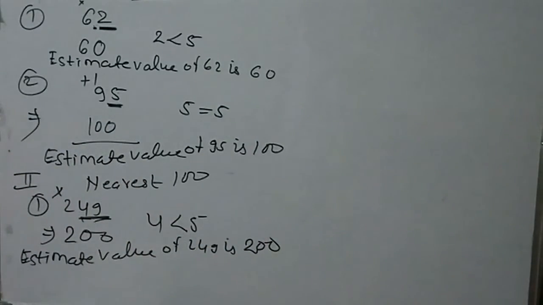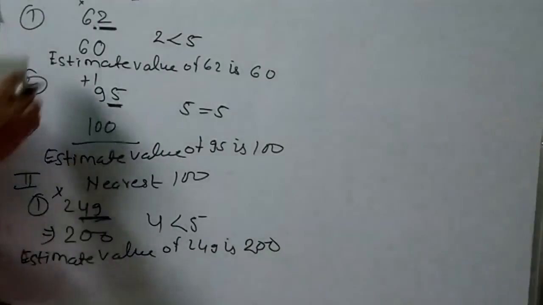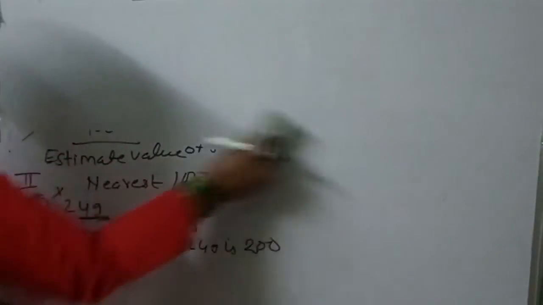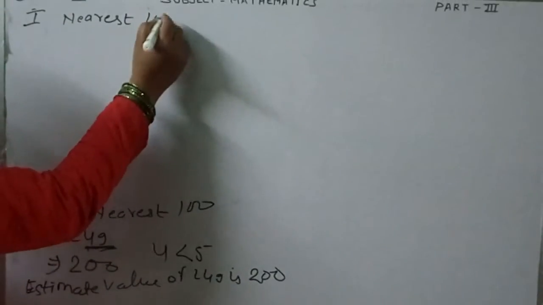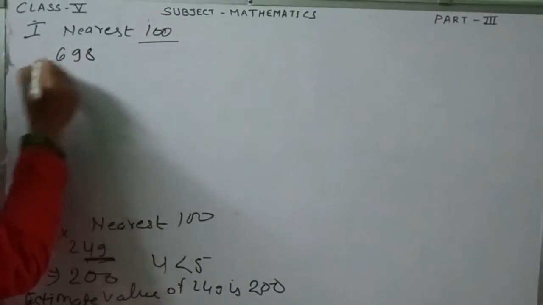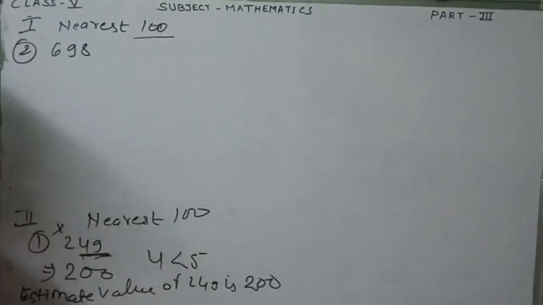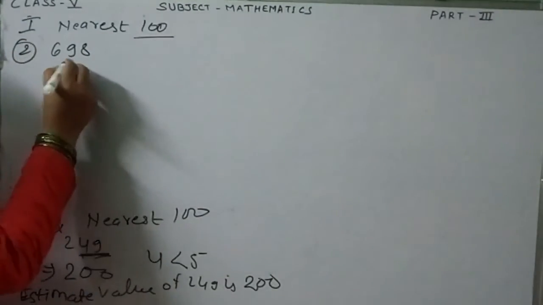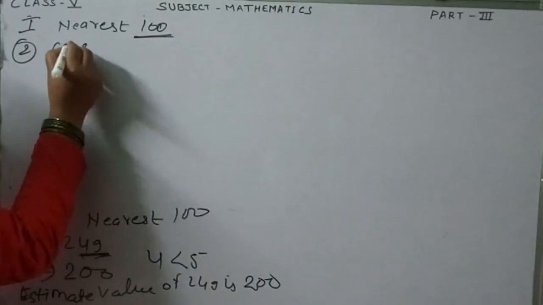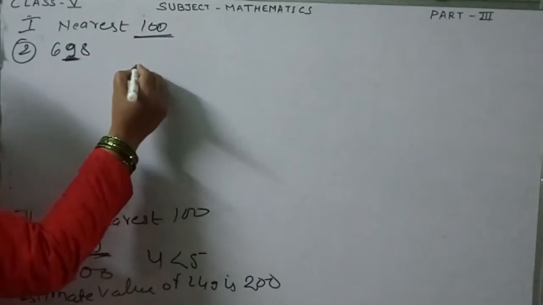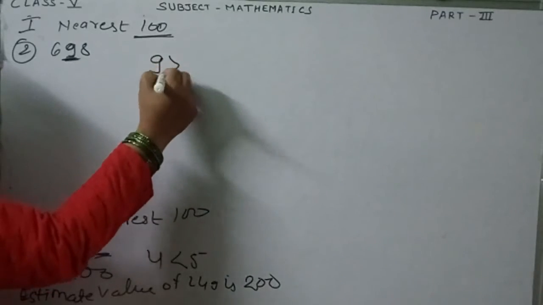Okay. One more example I will take from your book. Next one is 698. Here, in case of 100, I told you to compare the tens digit with 5. Here, 9 is greater than 5.